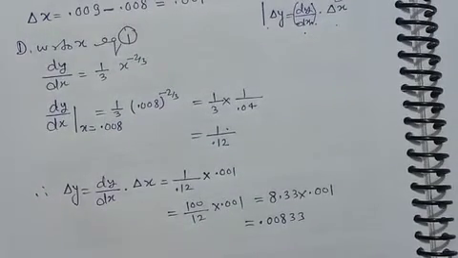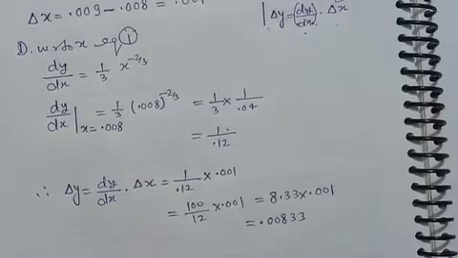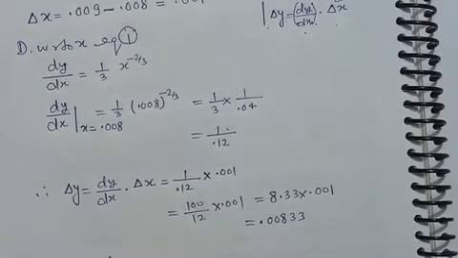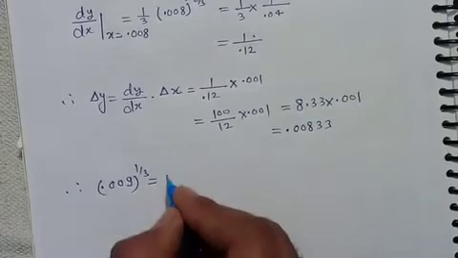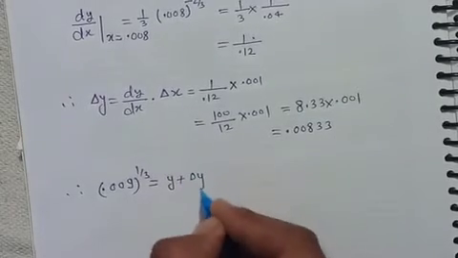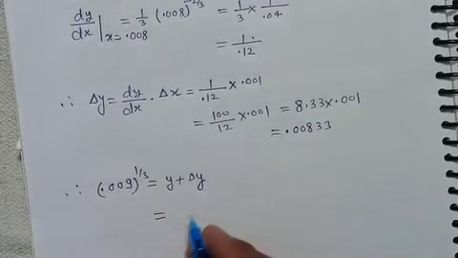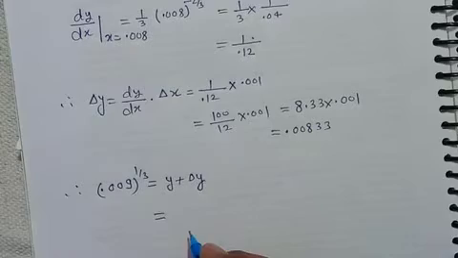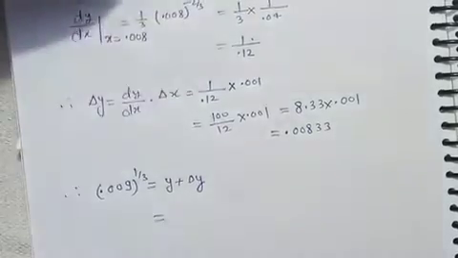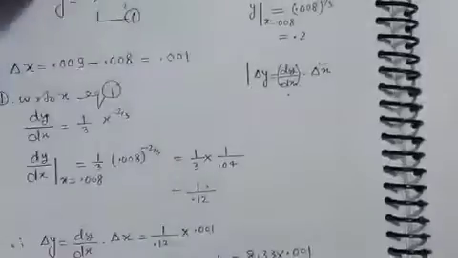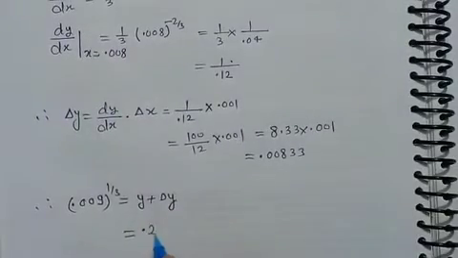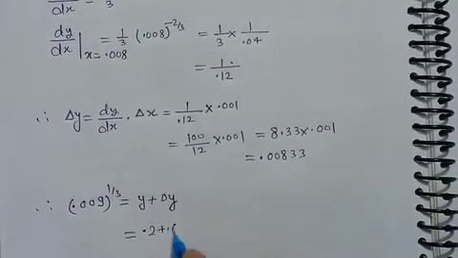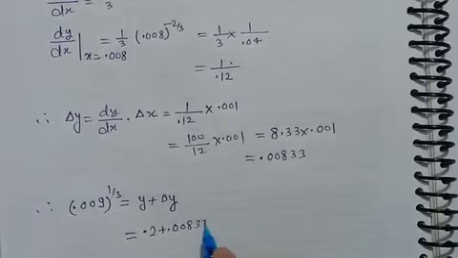So 0.009 raised to the power 1 upon 3, cube root of this number, is equal to y plus delta y. Y is 0.2, plus delta y is 0.00833.